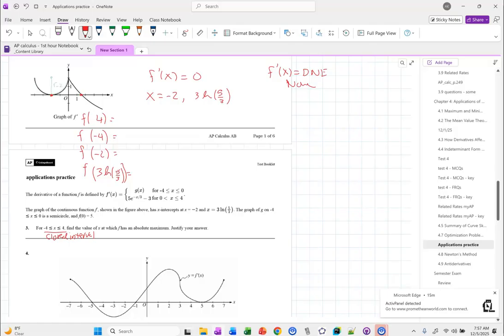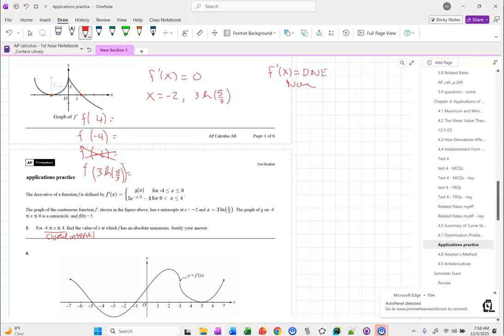We can do that. But to do the absolute, we also have to check the value of the endpoints against the values of these things to see if either of them is a local max or min. Like this one we don't have to worry about because the derivative goes from positive to positive, right?